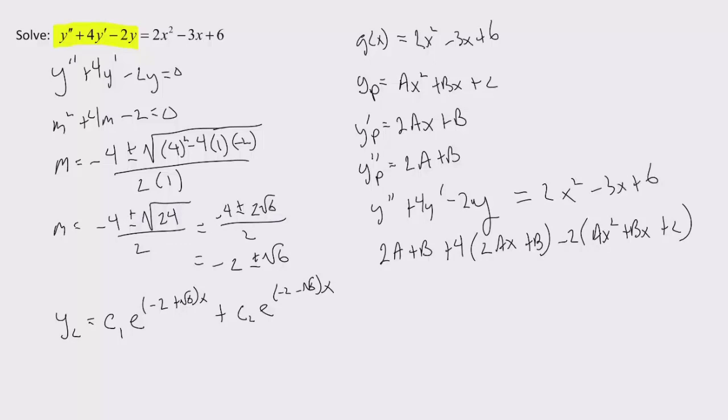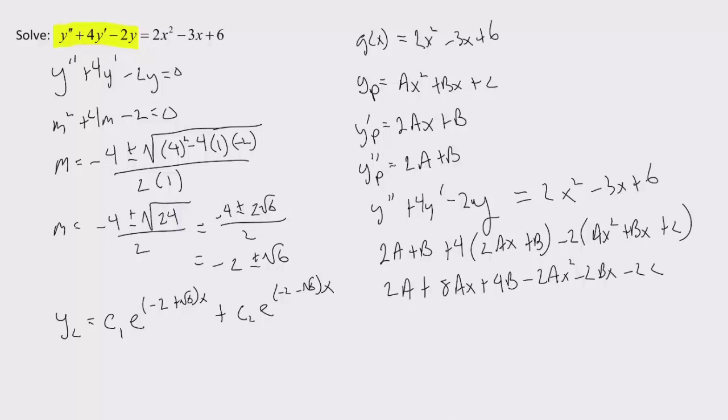All right, so let's gather up all of our like terms. So we have 2a, and if I gather up all my x's, that'd be 8ax plus 4b minus 2ax squared minus 2bx minus 2c.